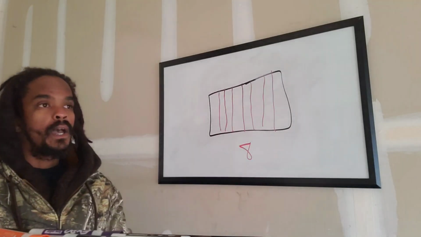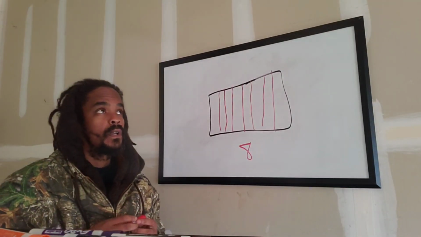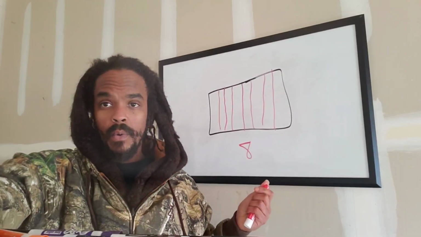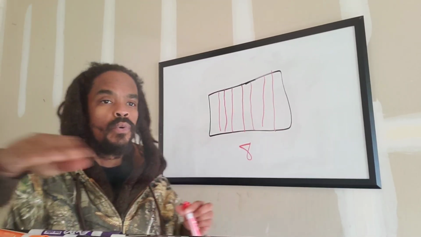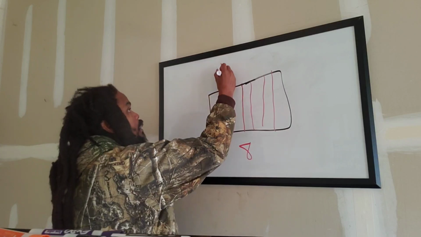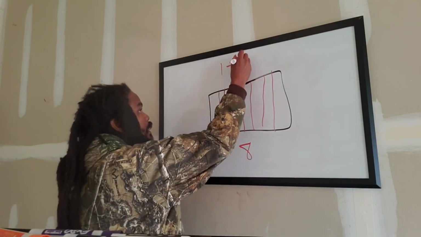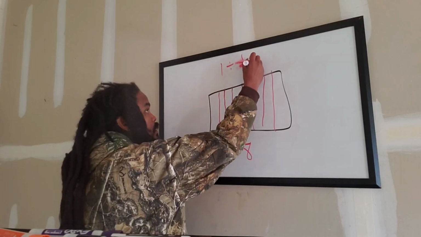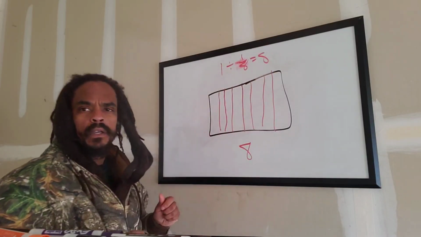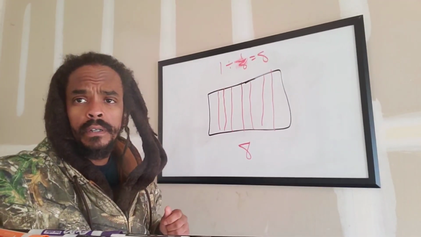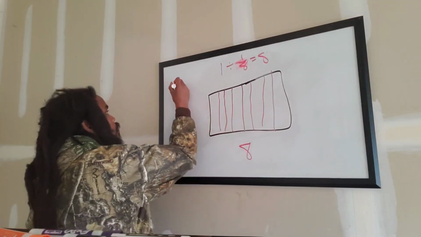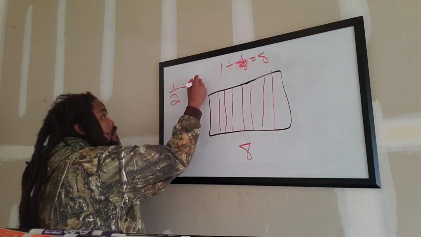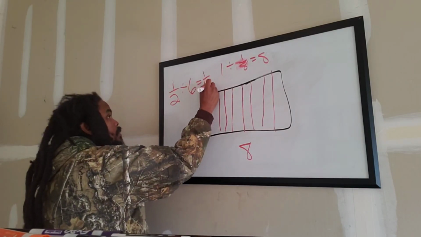I want you to do like how we did on lesson 12. I want you to analyze your answers. Why is it that when we do 1 divided by 1/8, we get 8, and then earlier when we did 1/2 divided by 6, we got 1/12?